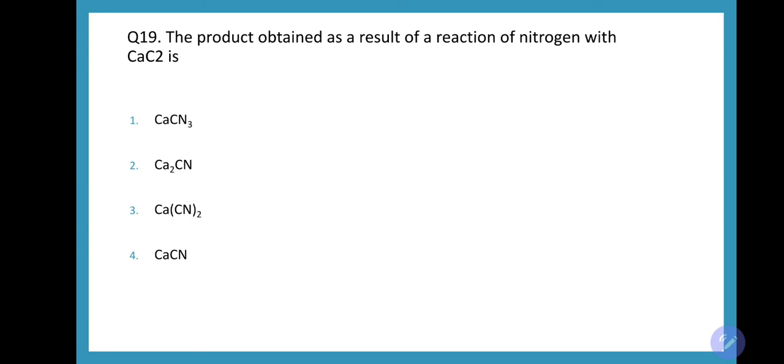The product obtained as a result of reaction of nitrogen with calcium carbide, CaC2, is, okay, calcium cyanamide. So calcium carbide will react with N2 to give CaCN2 plus carbon as the byproduct.